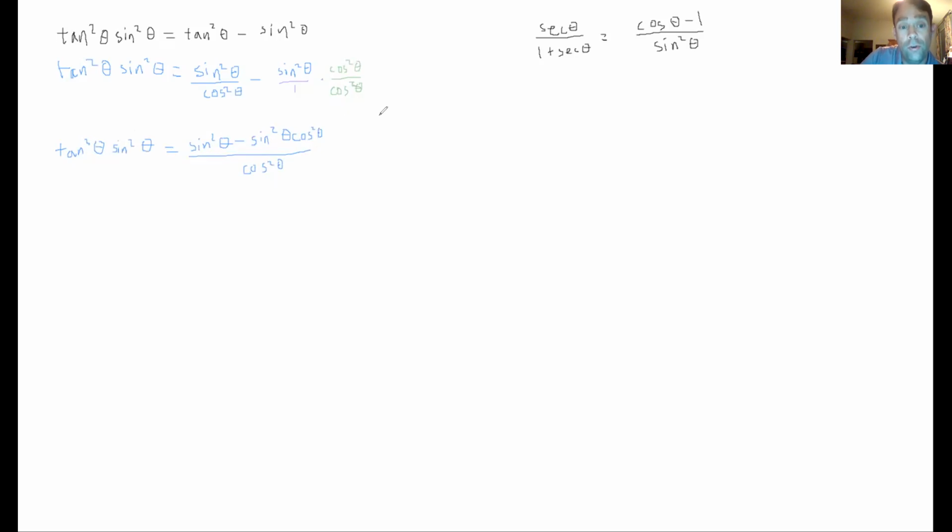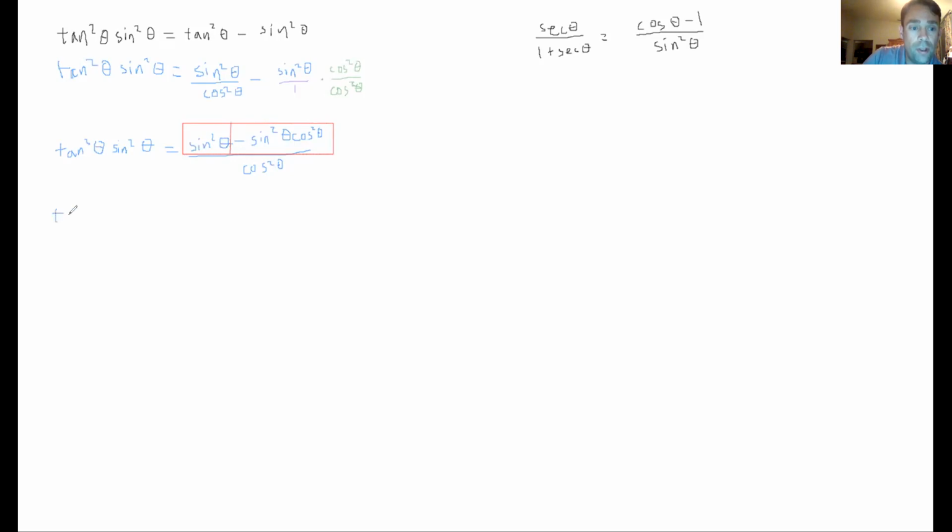So now I'm looking at that numerator, and I see that I have sine squared in that numerator. Both terms have sine squared. So I would have gone ahead and factored it out. If you are still using generic rectangles, that's fine. I would have just done it right over here and factored that sine squared out of the top.